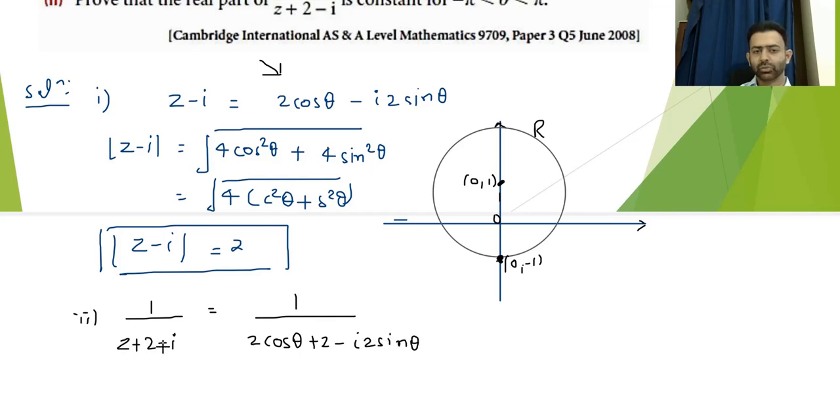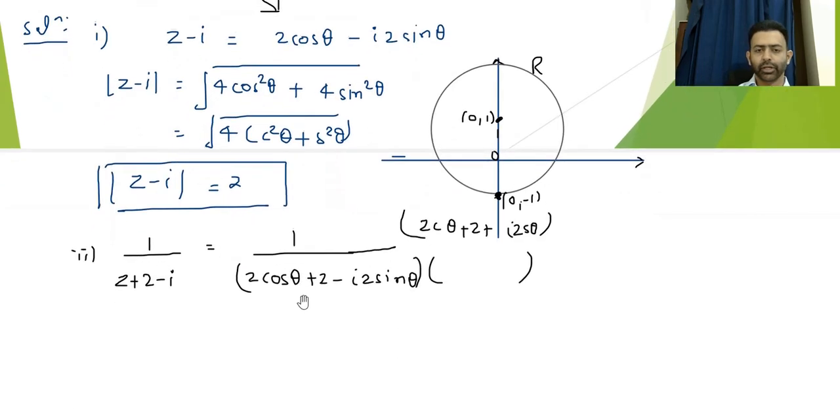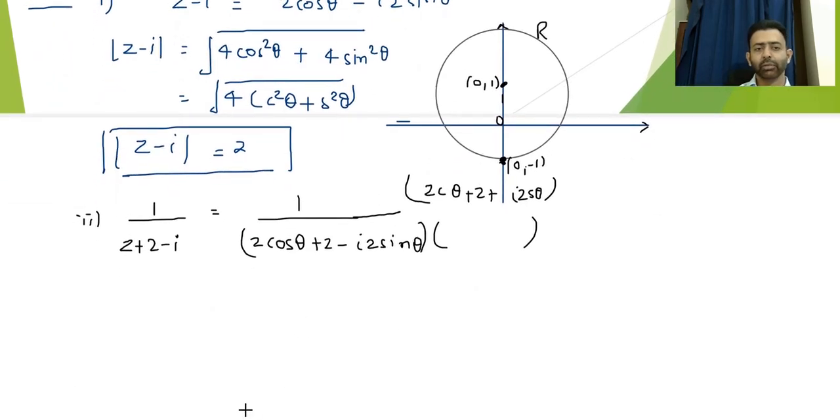This is z plus 2 minus i, and multiplying this with its conjugate, in the numerator I am just writing the conjugate value. So this will be 2 cos theta plus 2 plus i times 2 sin theta. In the denominator, we will have the magnitude of z plus 2 minus i.